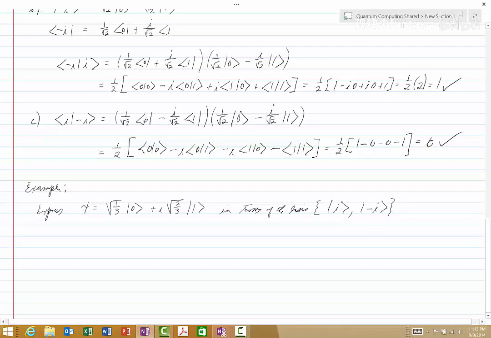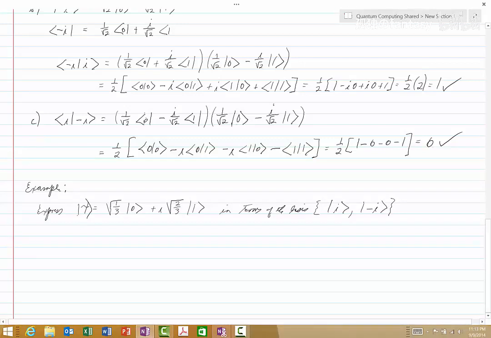Okay, so we want to express this vector, square root of 1/3 times a 0 ket plus i times the square root of 2/3 times a 1 ket, in terms of this basis that we've just learned about, the i and minus i kets. So how would we do it?